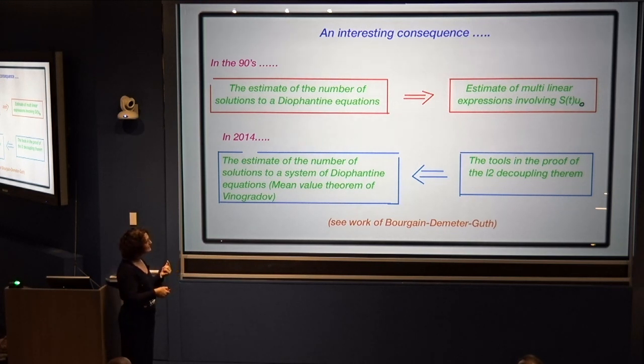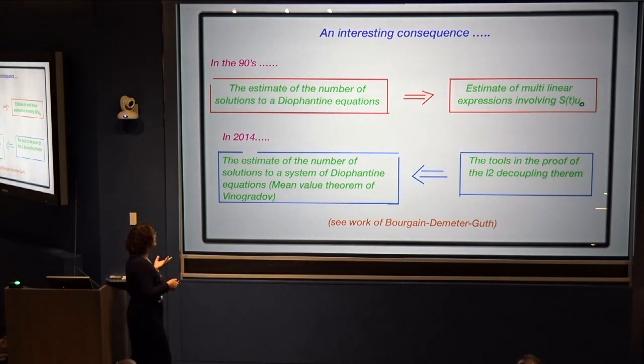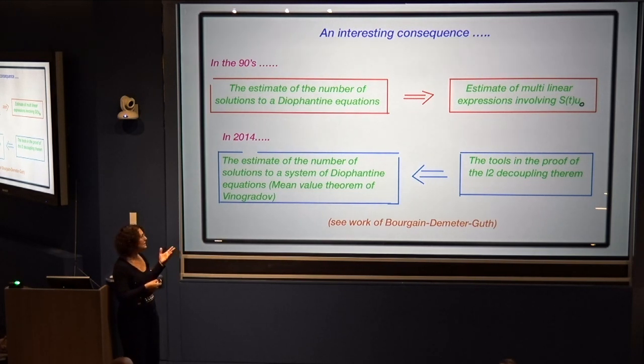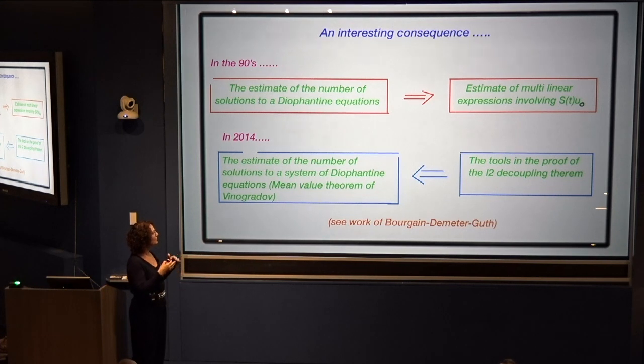In fact, the tools used in the proof of the L2 decoupling, two of which I just mentioned, are giving tools to prove very important conjectures in analytic number theory. For example, Bourgain, Demeter, and Guth proved the mean value theorem of Vinogradov, which consists in giving a sharp estimate of the solutions of a system of Diophantine conditions. So now we are going in the opposite direction.